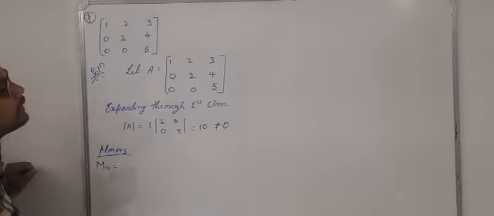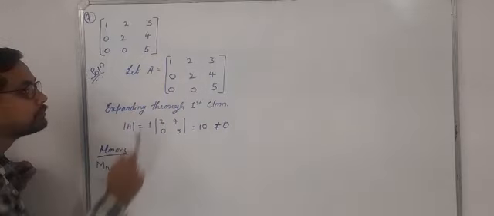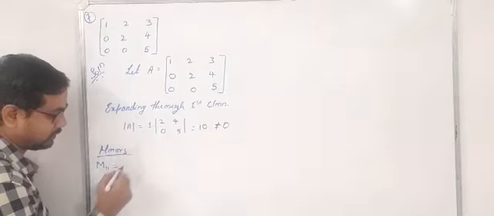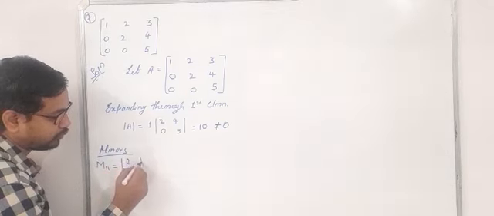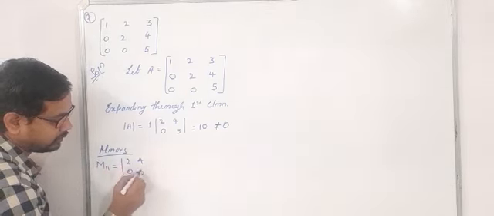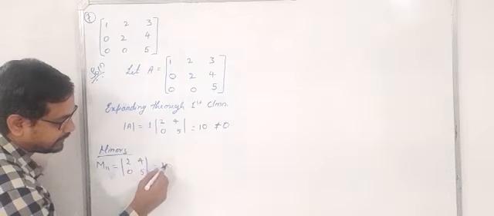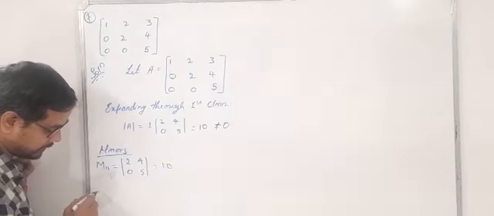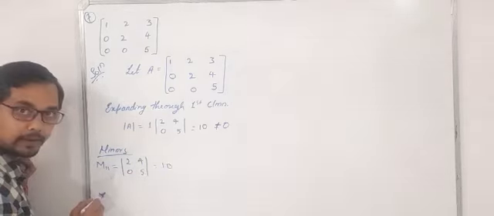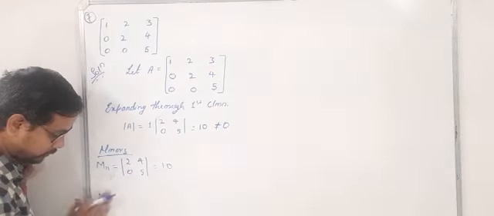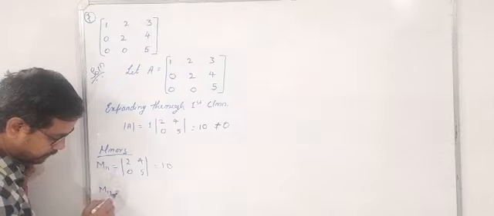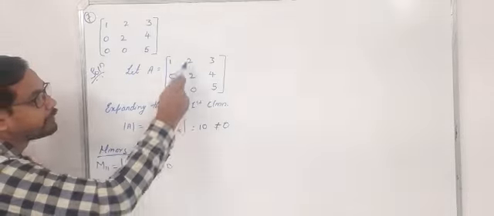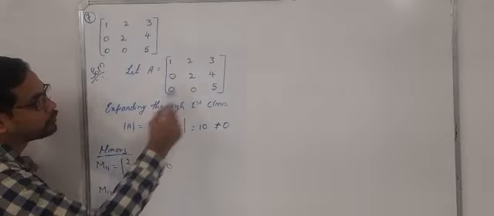M11, minor of A11, that is 2405, that is 10. Okay. M12, minor of A12, that is minor of 2, is 0405.